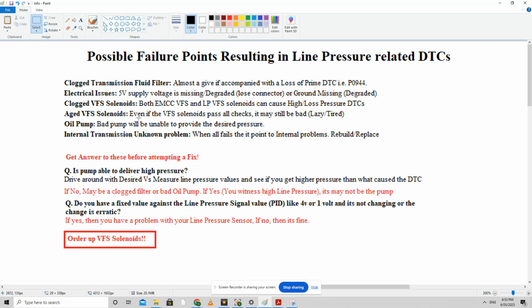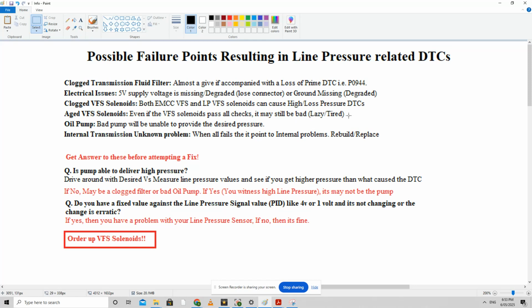Aged VFS solenoids: even if a VFS solenoid passes all checks, it may still be bad or lazy or tired. The reason I'm bringing up these VFS solenoids is that they are very, very sensitive solenoids, and they try to maintain a very delicate balance between the ordered and the desired line pressure. With the passage of time, they can deteriorate.